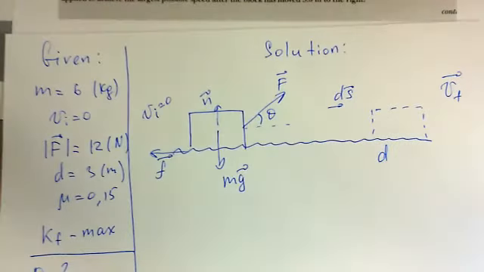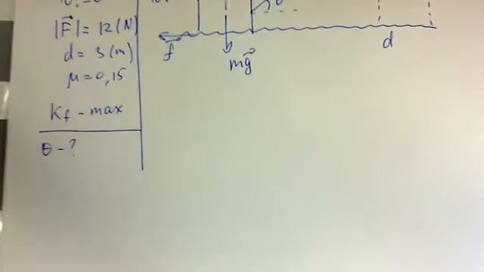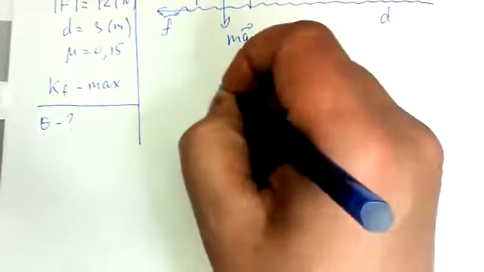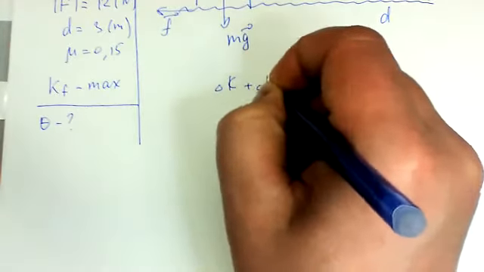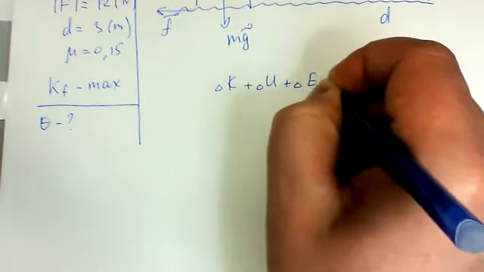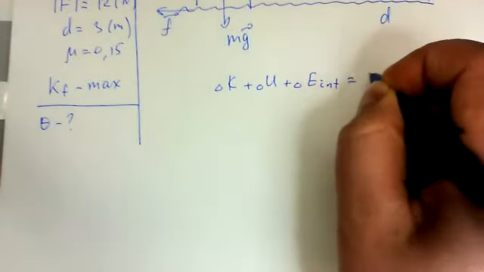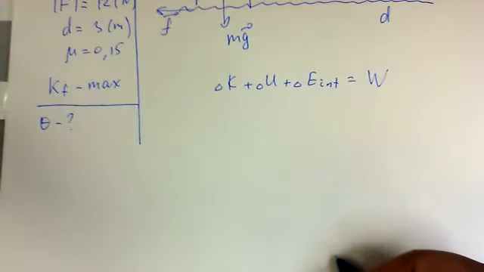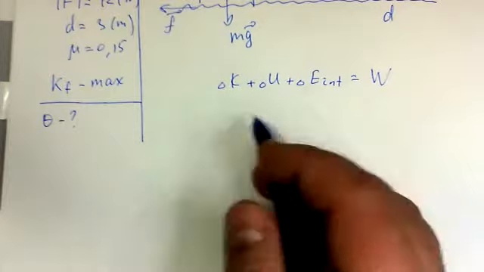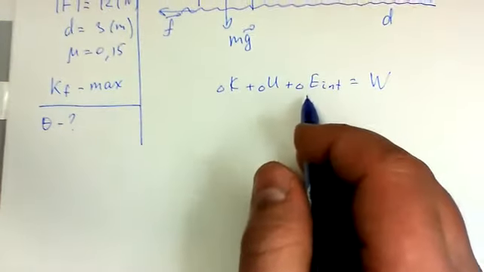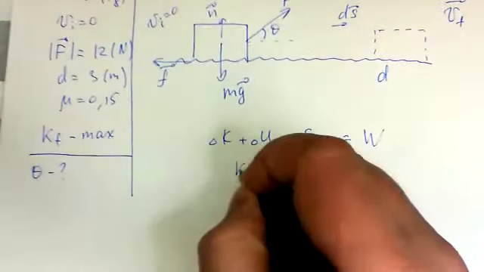at this position. Okay, now again, let's recall the energy conservation principle. The change of the total energy of the system equals the work done by the external agent. So the change of kinetic energy here would be just K final minus K initial, and that is just K final.